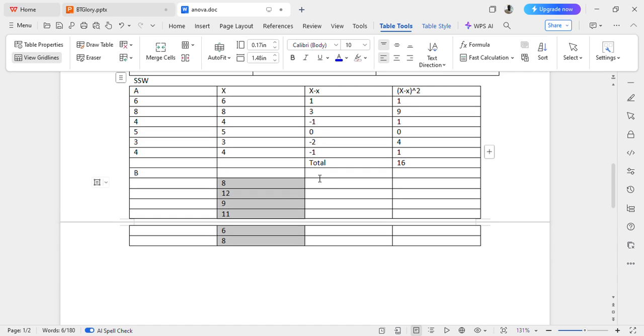So 9 is the mean. So we play with our figures here.